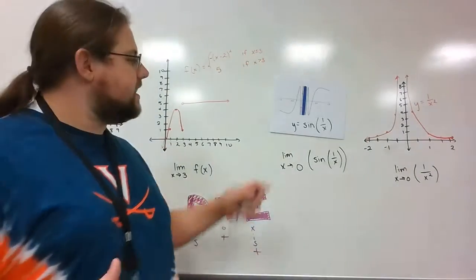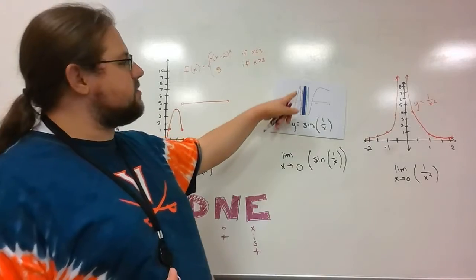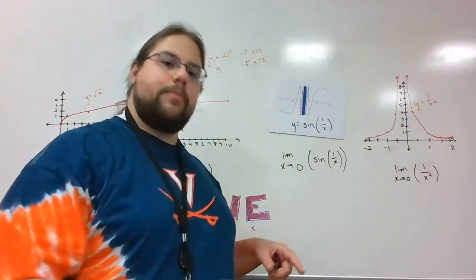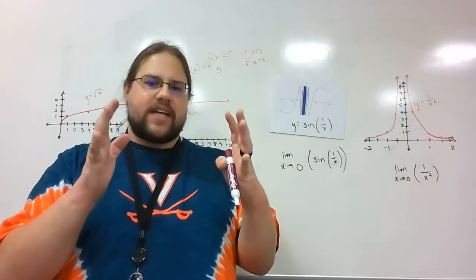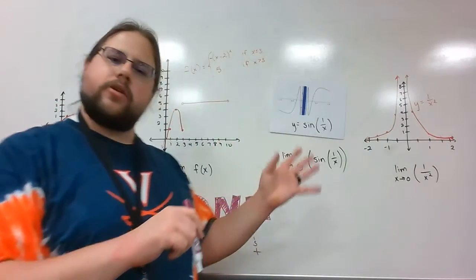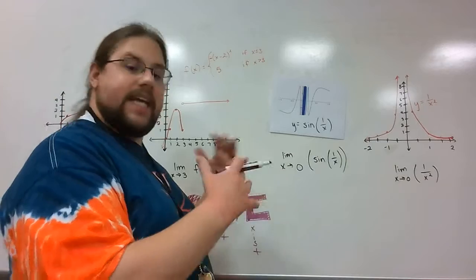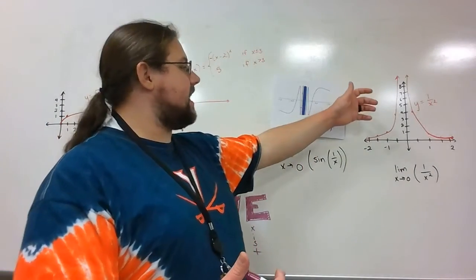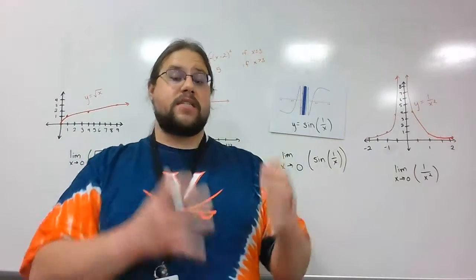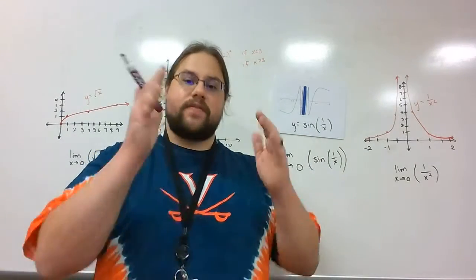But on the left side, it goes down, comes back up, and then it starts going up and down and up and down, getting faster and faster as we get closer to 0. It just keeps increasing in speed. Same thing happens on the right side. If I start on the right side and move towards 0, it starts off nice and smooth at first, but then it gets faster and faster.